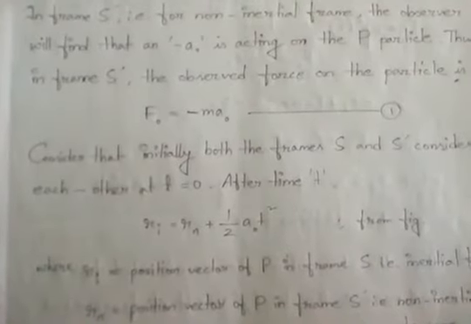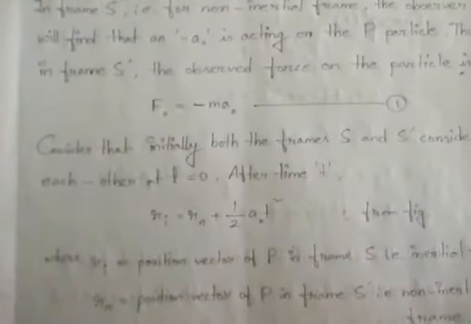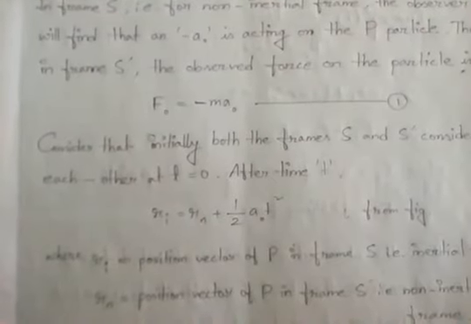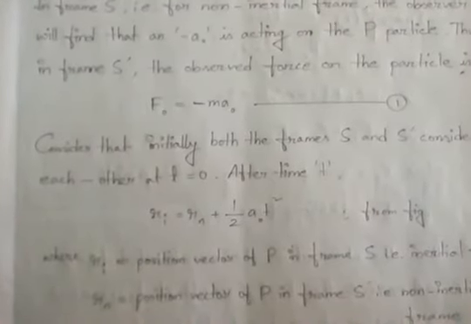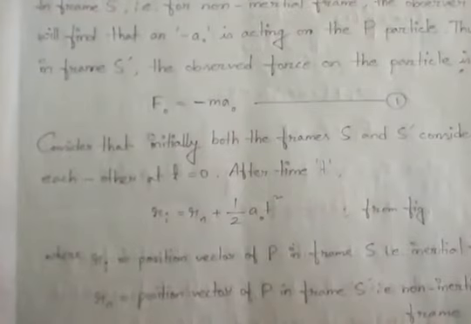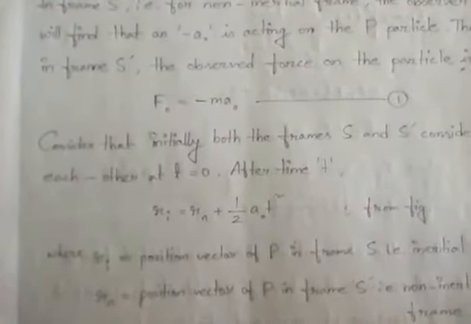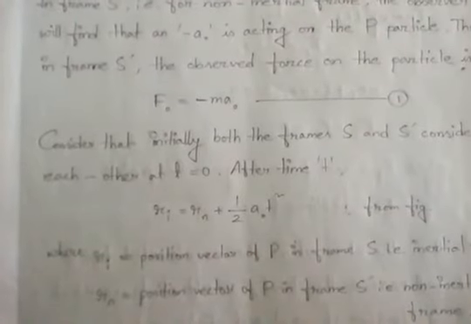Consider that initially both the frames S and S dash coincide with each other at t equal to 0, that is, 0 seconds. After time t, ri equals rn plus half a naught t square.